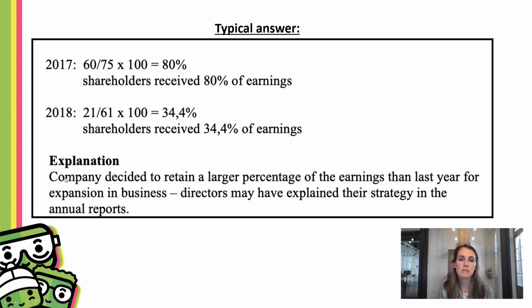So our explanation for why they should be unsatisfied is that the company decided to retain a large percentage of the earnings, larger than the previous year, for expansion in the business. The directors may have explained their strategy in the annual reports, and they should.